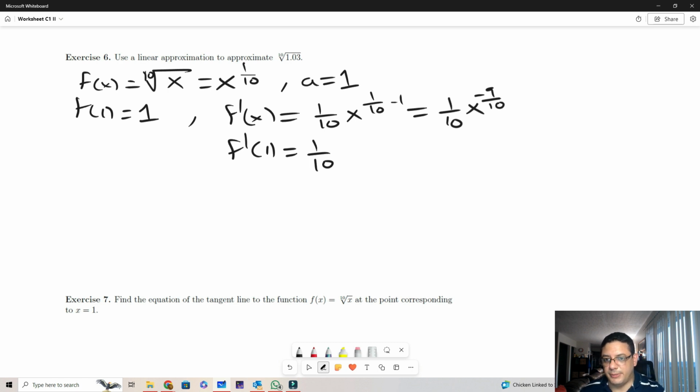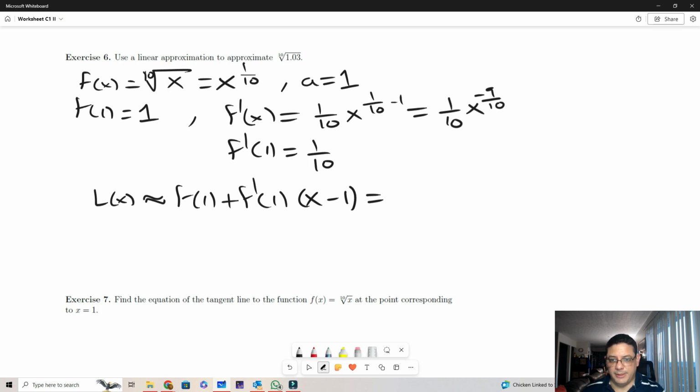Now the linear approximation function is going to be f of 1 plus f prime of 1 times (x minus 1). That will be the linear approximation. And this means that this is 1 plus 1/10 (x minus 1).